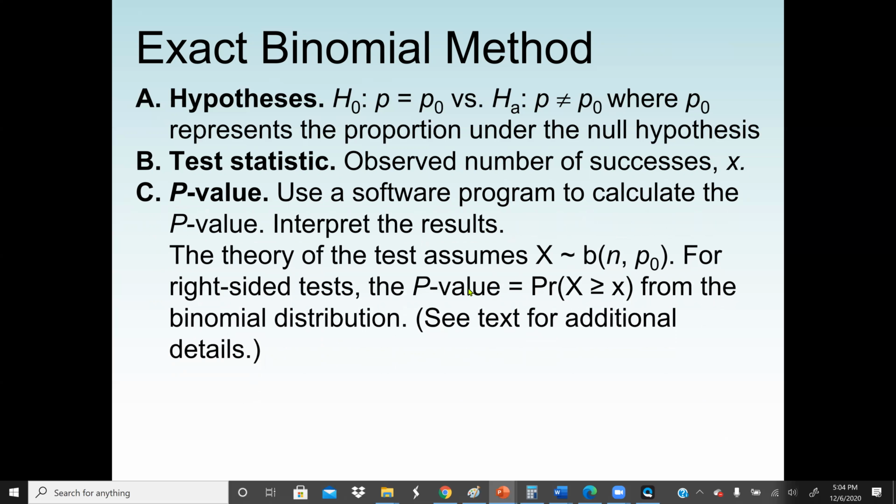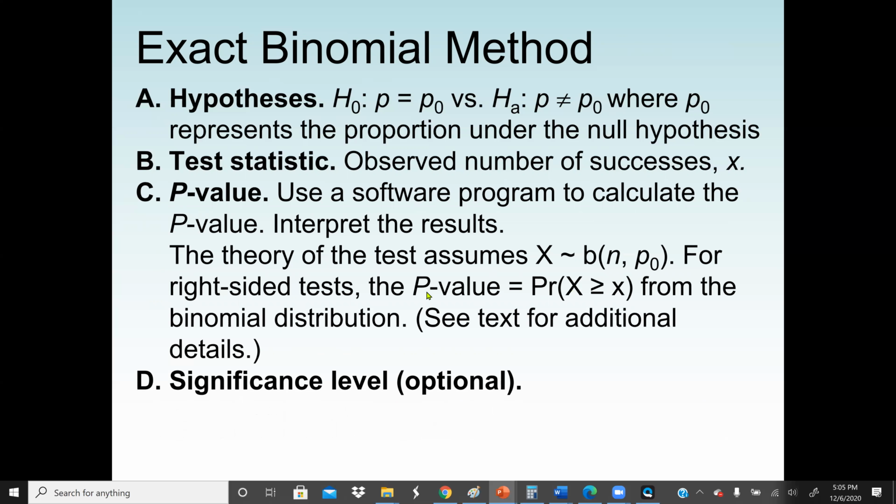So the theory of the test, assuming that X is binomial with n, the sample size, and p0, the proportion. For right-sided tests, the p-value is the probability that the variable is greater than or equal to X from the exact binomial distribution. The significance level is optional.